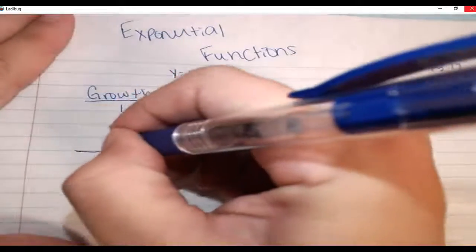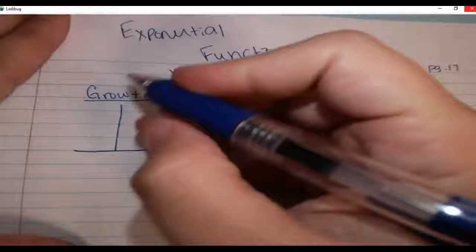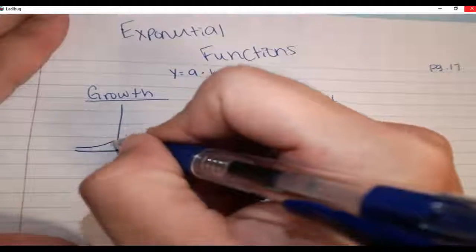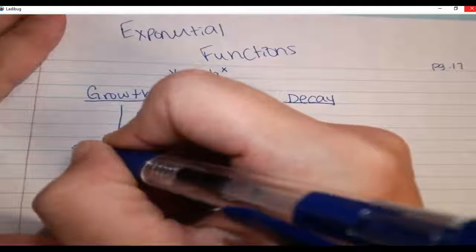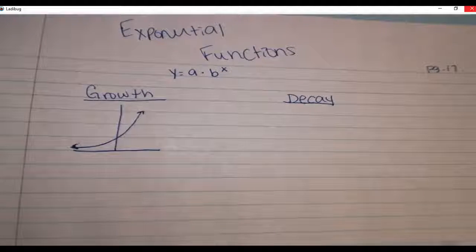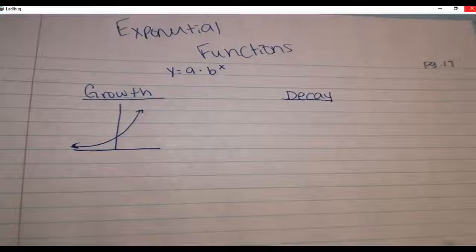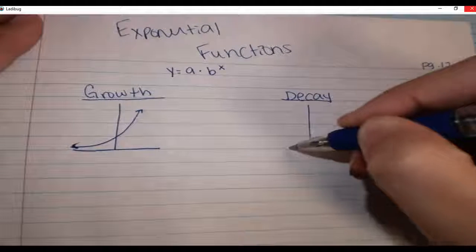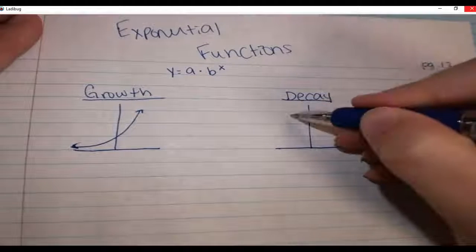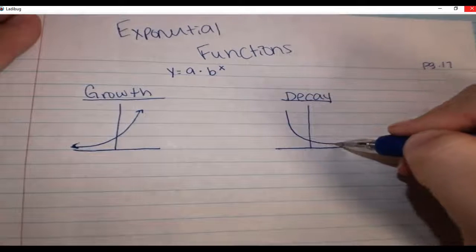So a growth graph could look something like this. And a decay might look like this.